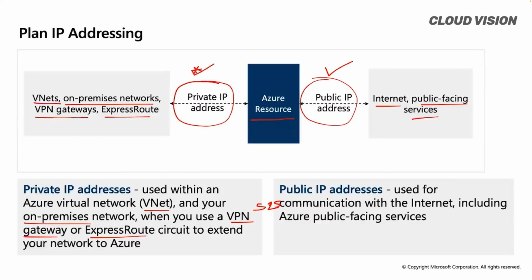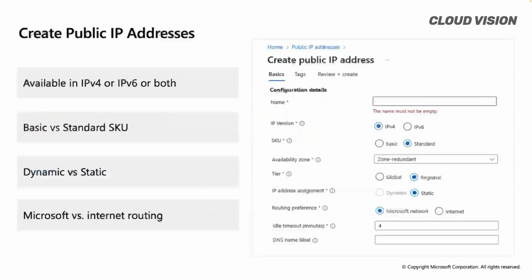Now, if you go to the next one, it's about public IP addresses. To create a public IP address, we need to actually create another resource called a public IP address, and that needs to be associated with the VNet.